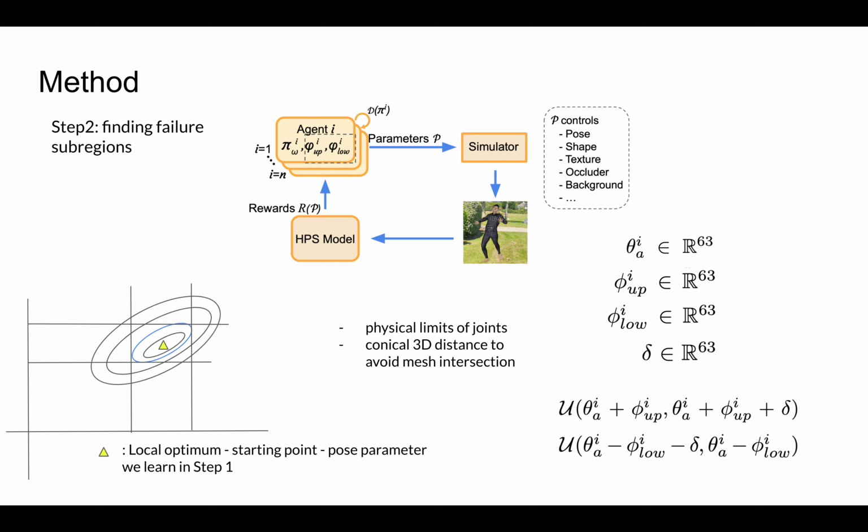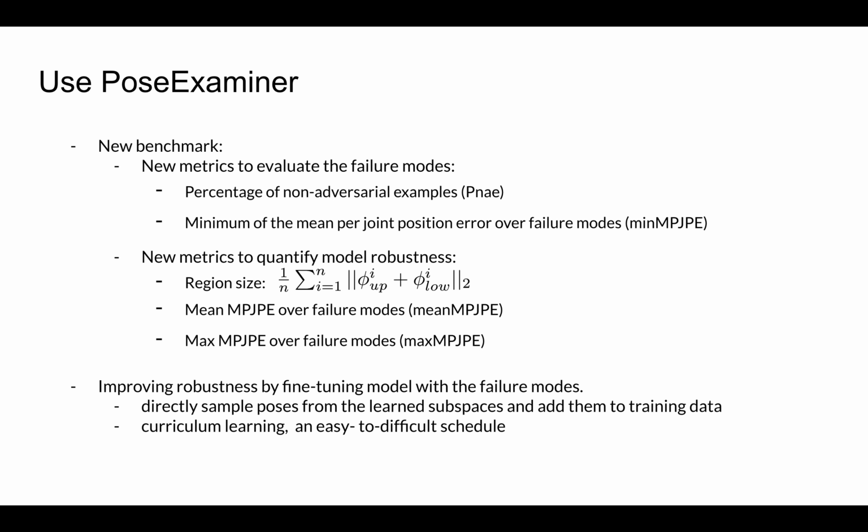For each agent, we define the upper boundary, the lower boundary, and an update step, and uniformly sample within this step. We update the boundary when the minimum error of all samples is higher than the adversary threshold T and the pose is valid.